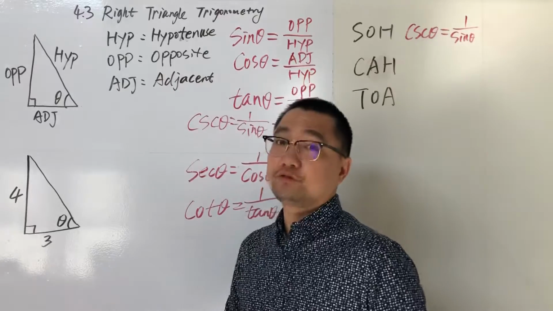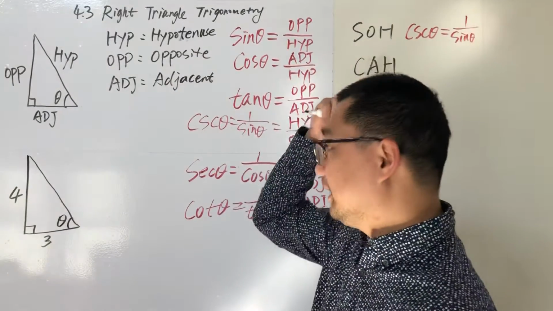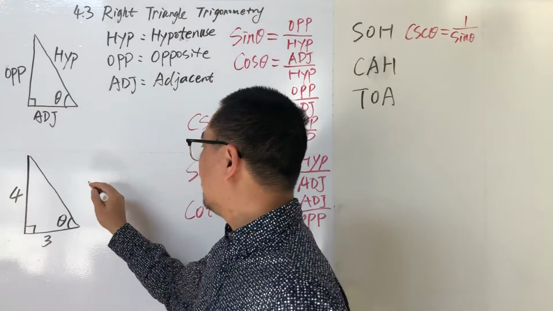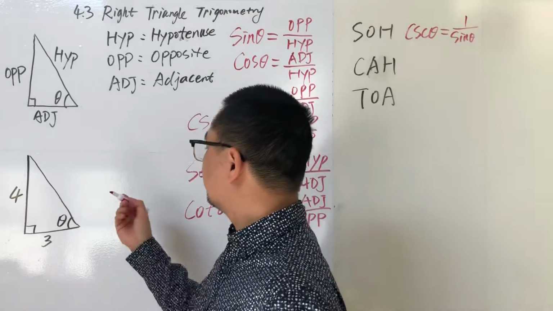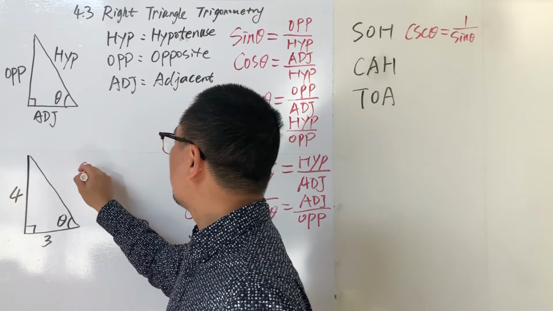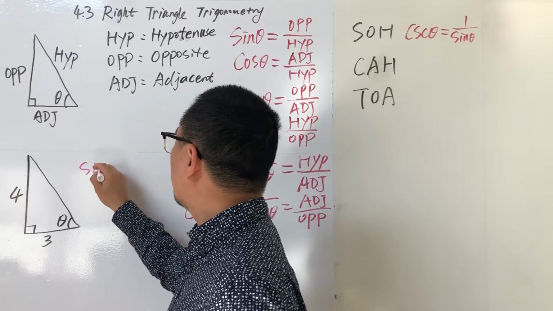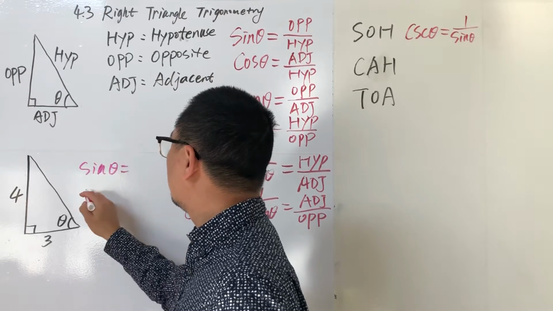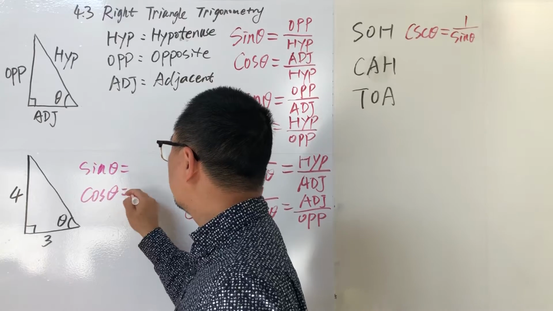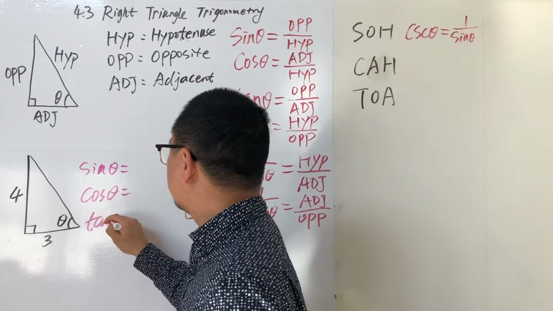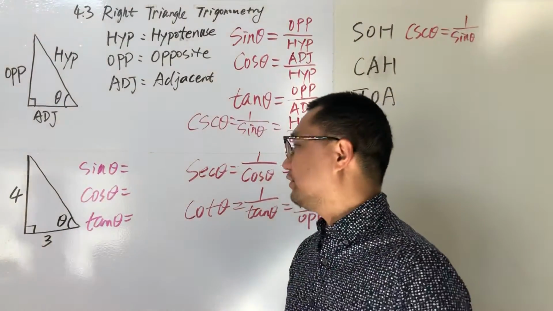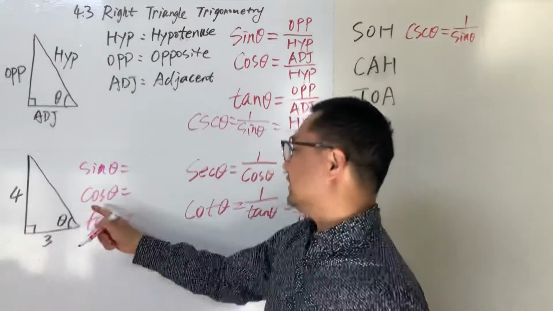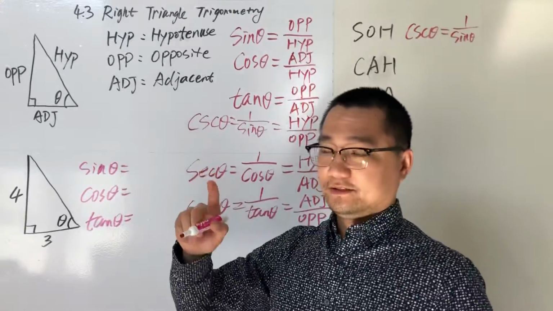So I just give you 2 sides, and then I'm looking for sine theta, cosine theta, and tangent theta. Okay. This is an example of how we can use a right triangle to evaluate a trig function.